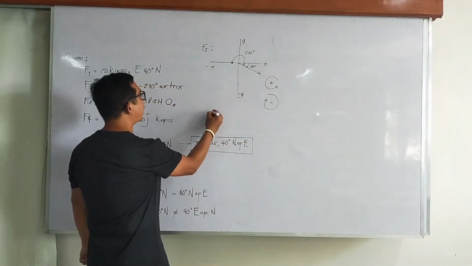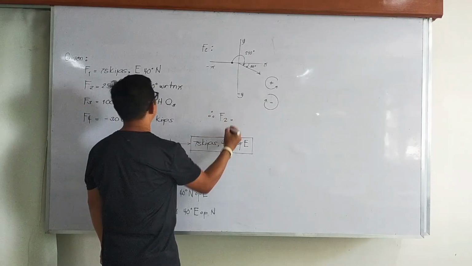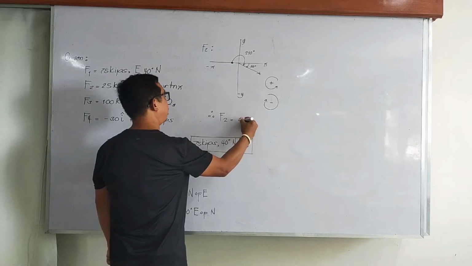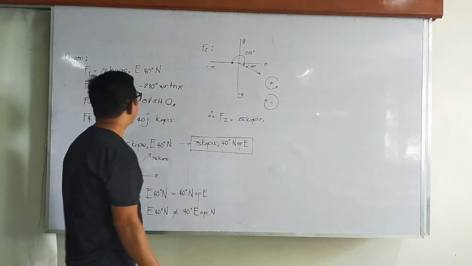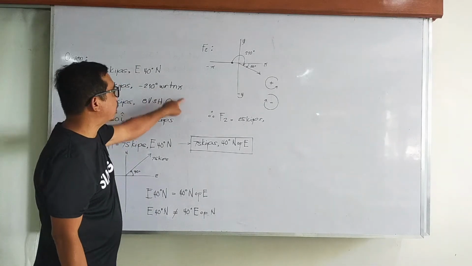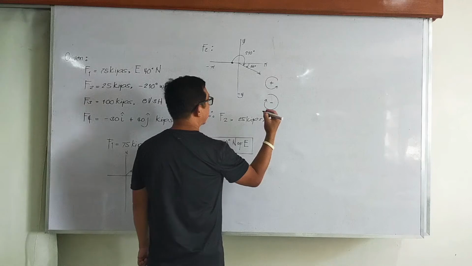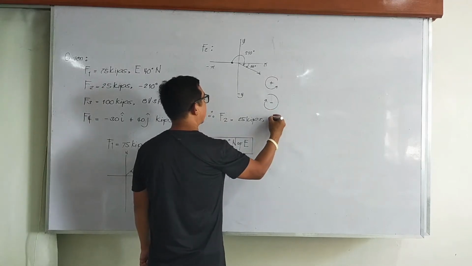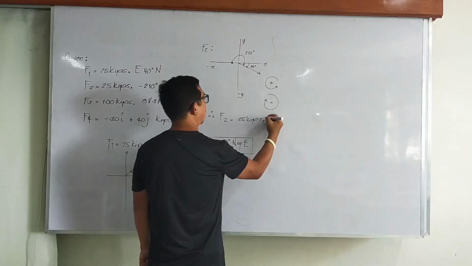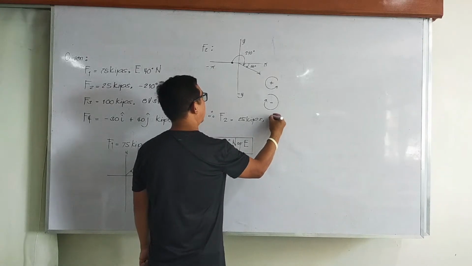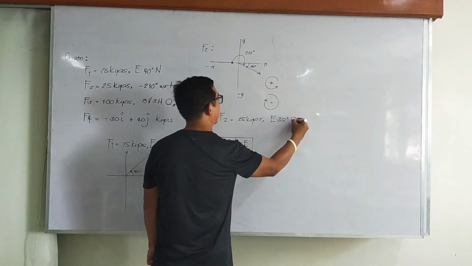So it follows then that our F2, 25 kips, negative 210 degrees with respect to negative x, is also equal to 25 kips east, 30 degrees south.